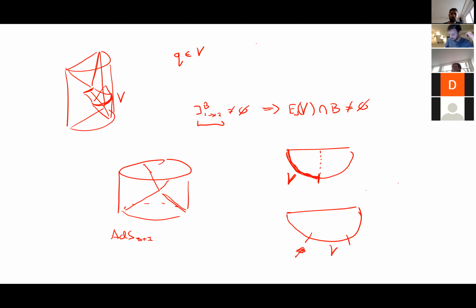Anyway, I'm not sure what the story is for higher dimensions in this picture, but I think something conceptually similar should be true. It's just I'm not quite sure how to set it up.